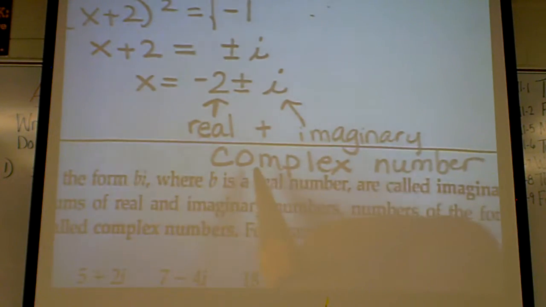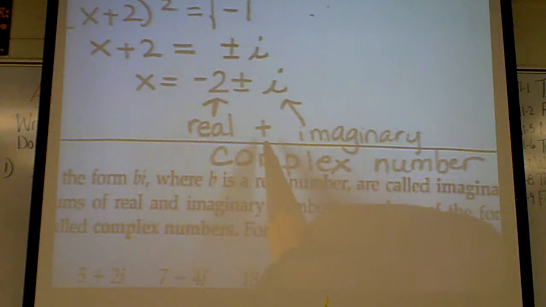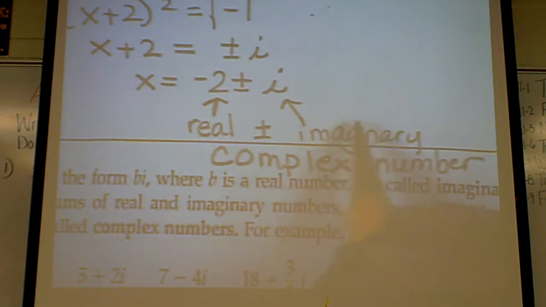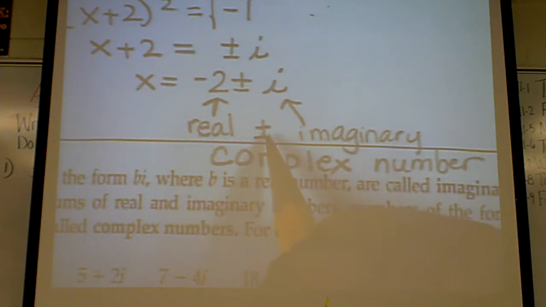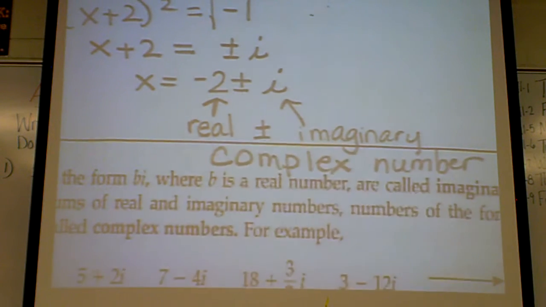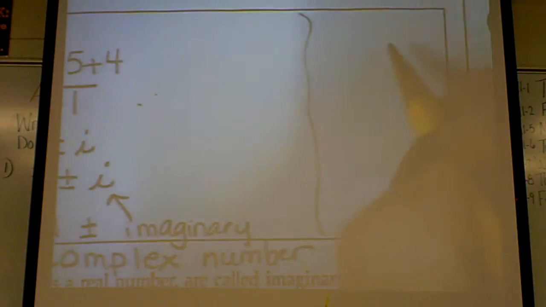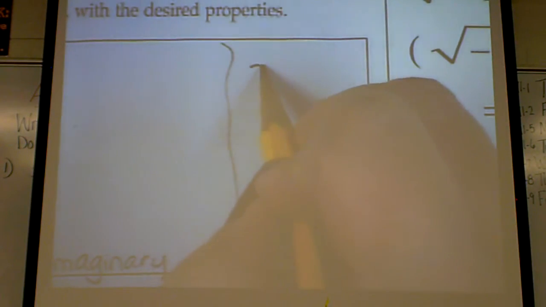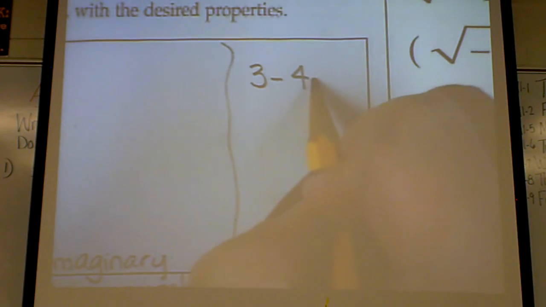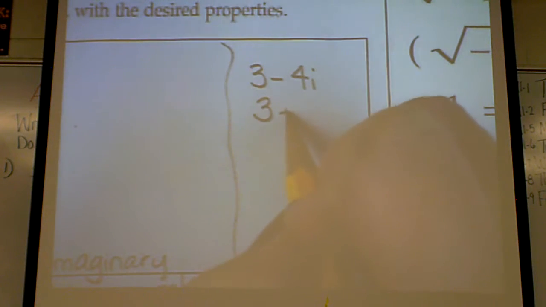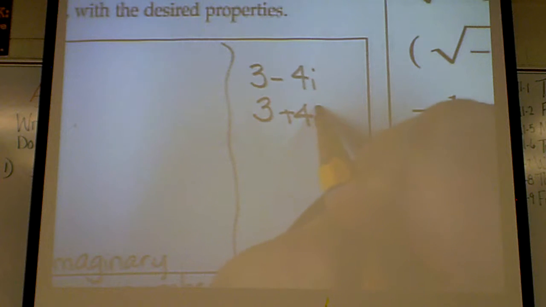Now, all complex numbers come in what we call conjugate pairs. You're going to have a plus and a minus sign. So anytime you have a number that's imaginary, you're going to see the plus or minus. If I gave you 3 minus 4i, 3 plus 4i will also be a solution.